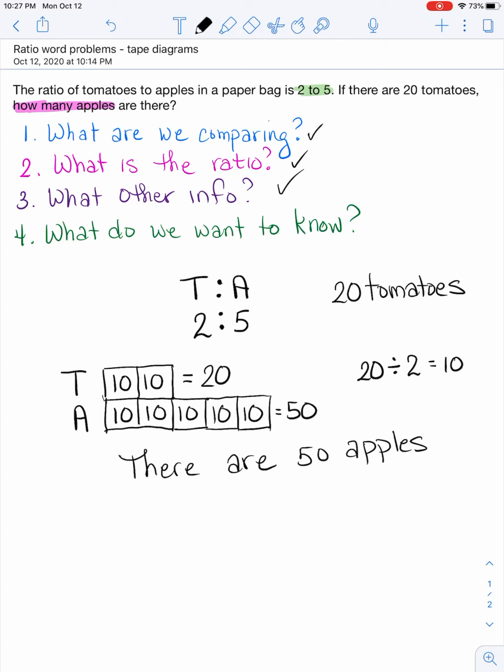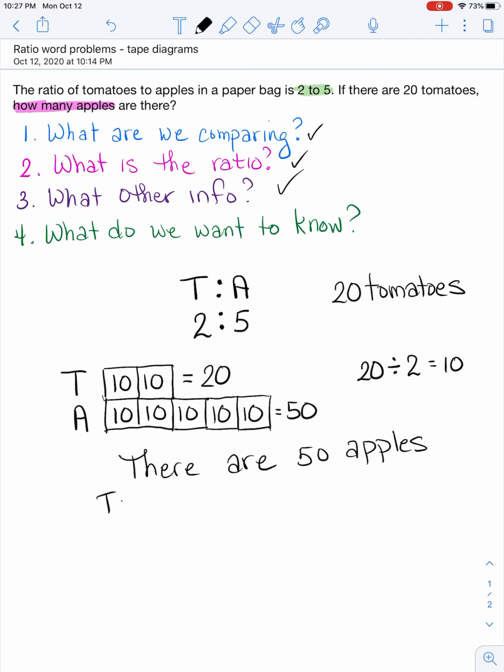Now, that's just one of the questions I can answer with this tape diagram. What other questions can I answer? Well, let's see. I can say to you, how many fruits are there altogether? Because believe it or not, a tomato is a fruit.